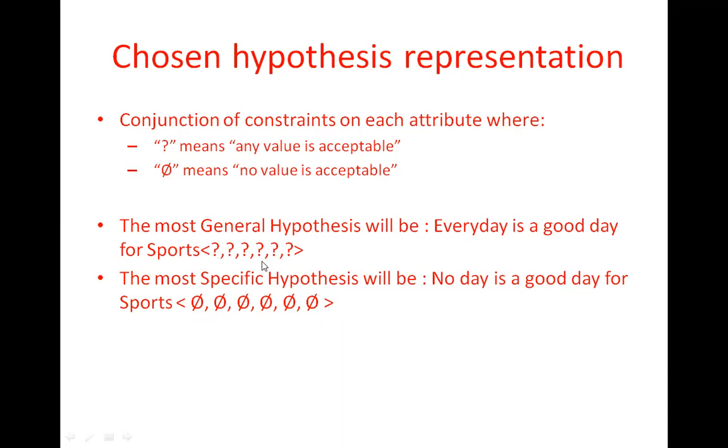If this is the final hypothesis, then for everything it will say EnjoySport is true. If the other is the final hypothesis, for everything it will say EnjoySport is false. Have you understood the difference? The most general hypothesis accepts any attribute value. The most specific hypothesis will not accept any single value of the attribute.